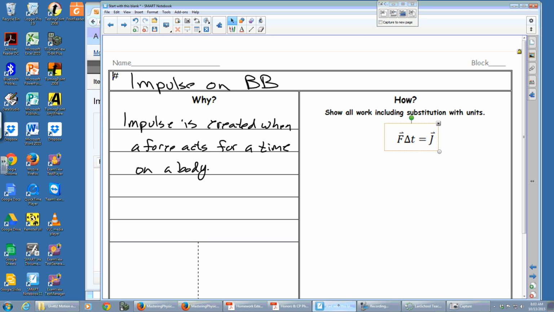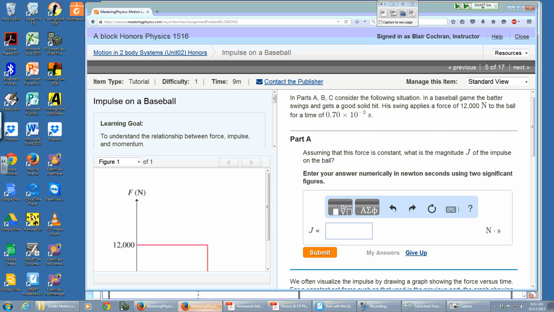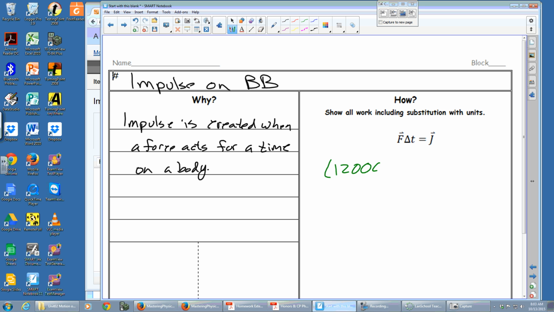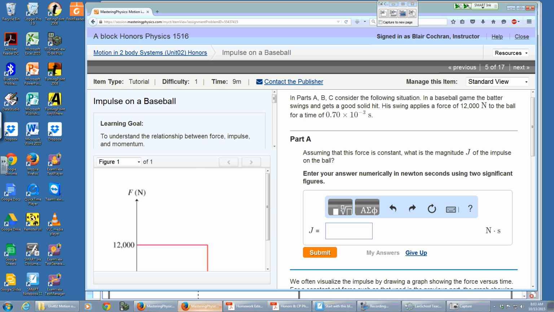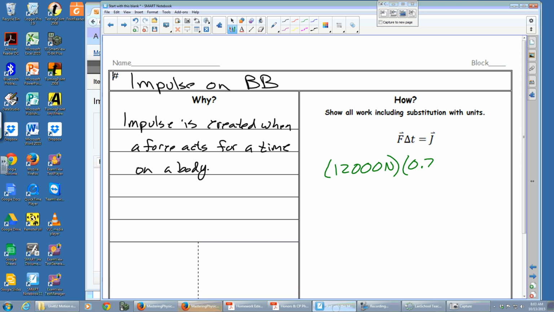So back here, that means my force is 1,200 newtons. My delta time was 0.7 times 10 to the minus third seconds. And that equals J. And so I would do my math.